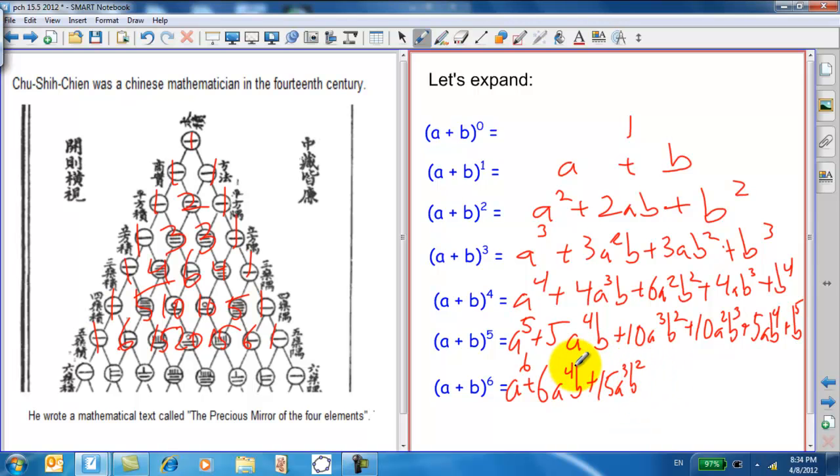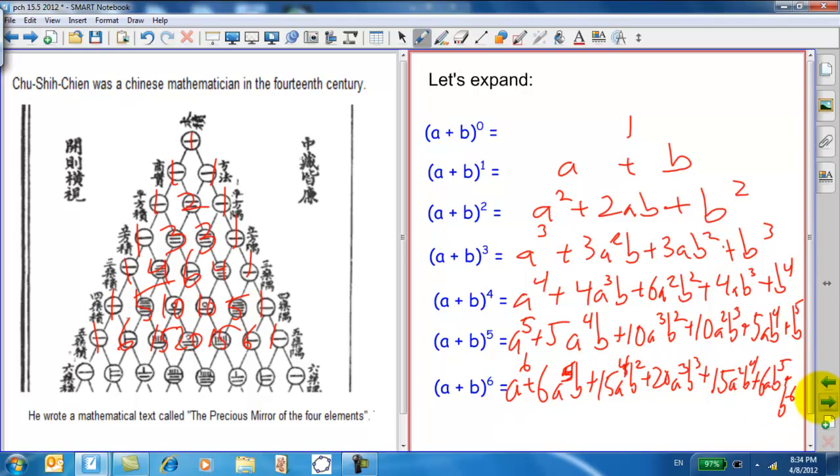Oopsie, we missed one. This was a to the sixth, and then 6a to the fifth b. Yeah. And this is 15a to the fourth b squared plus 20 a cubed b cubed plus 15 a squared b to the fourth plus 6 a b to the fifth plus b to the sixth.